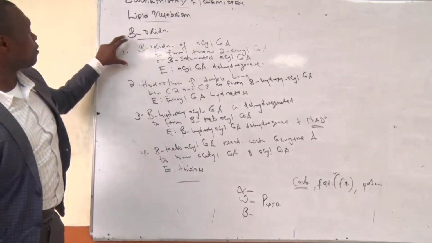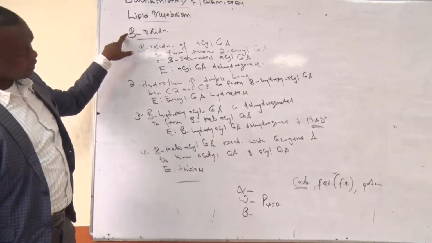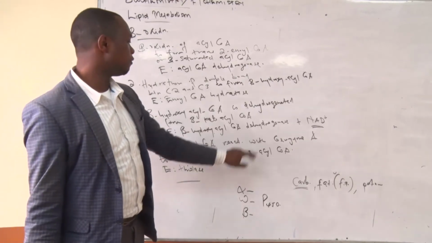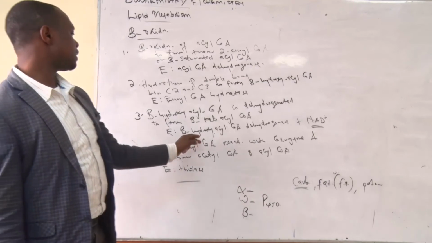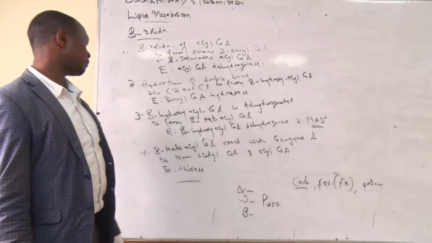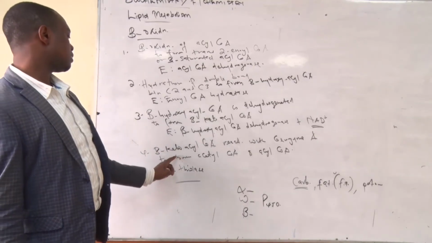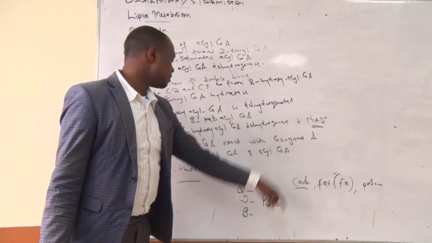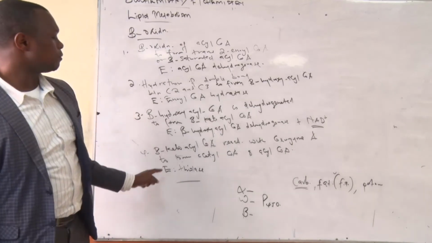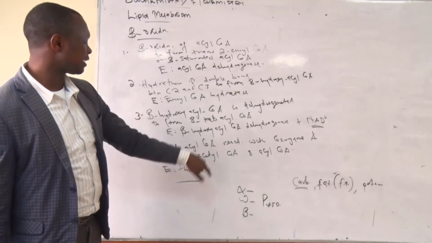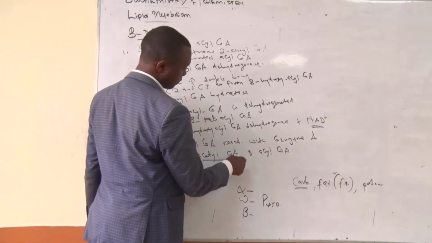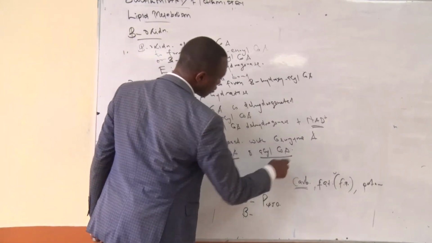Now the last step of beta oxidation is basically the cleavage of the beta ketoacyl CoA, reacted with coenzyme A. This forms a compound called acyl CoA, as well as acetyl CoA.